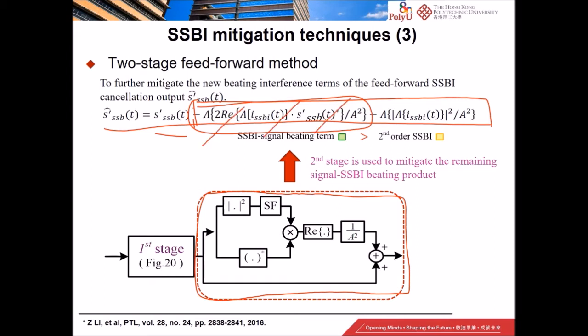It will again create other terms which are even smaller. So this is a two-stage feed-forward method to try to eliminate the single sideband interference, due to the fact that the single sideband signal does have spectral overlap with the single sideband interference.